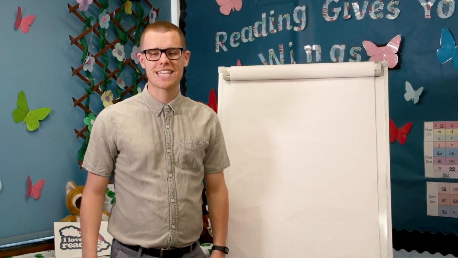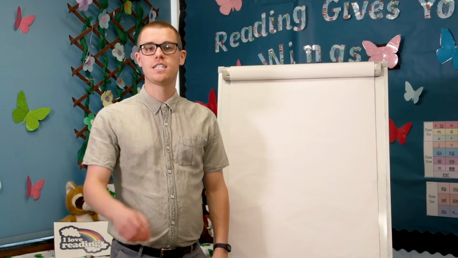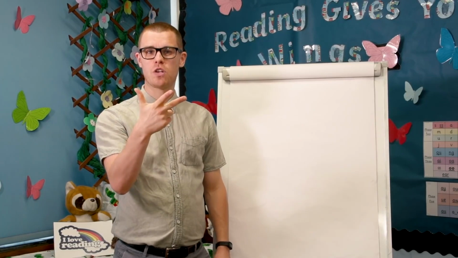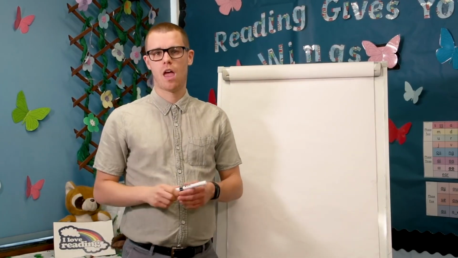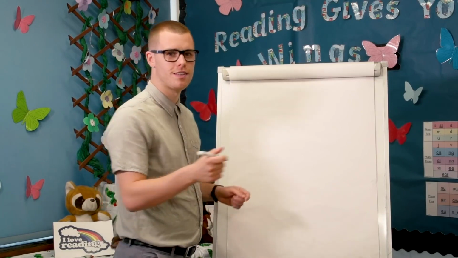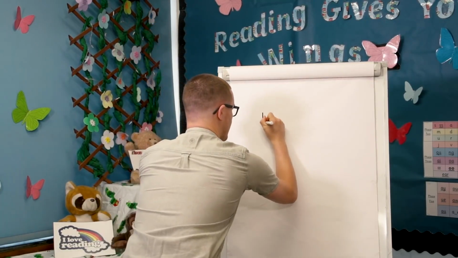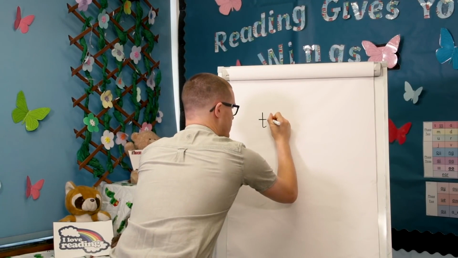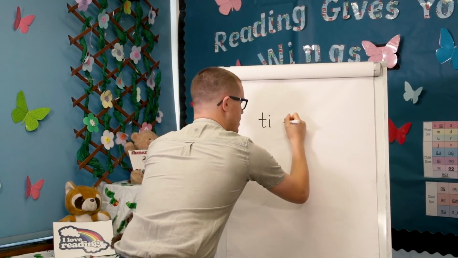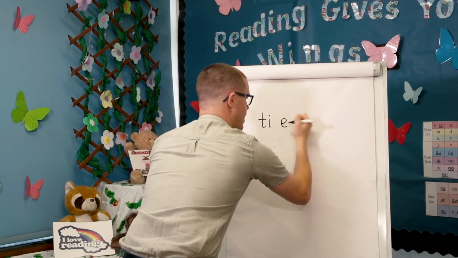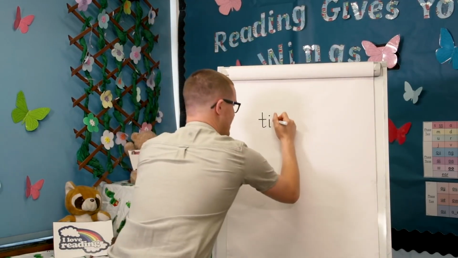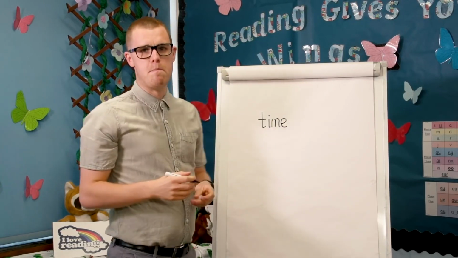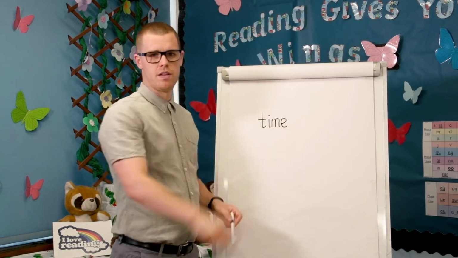T-I-M. Let's count how many sounds there are. Time. T-I-M. That's 3 sounds. Watch me write time. I need 3 sounds. T. I. Time.